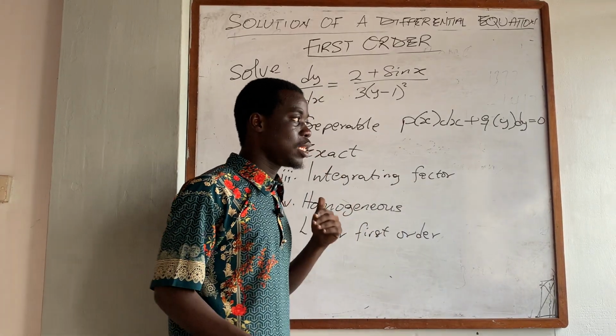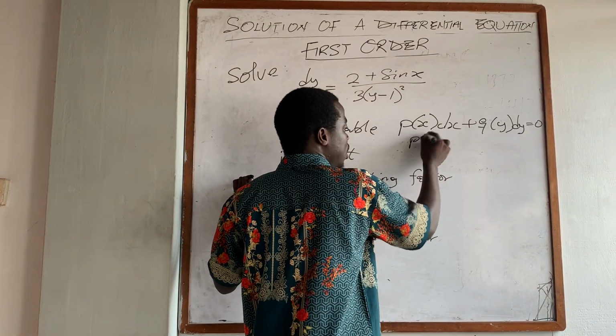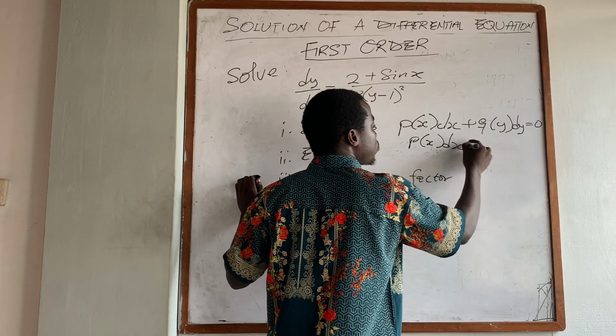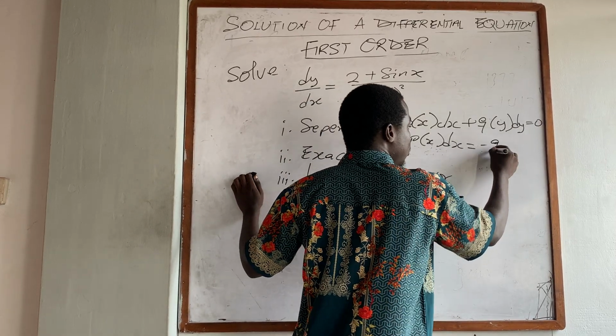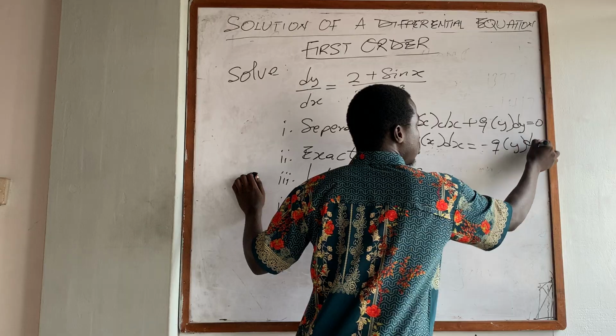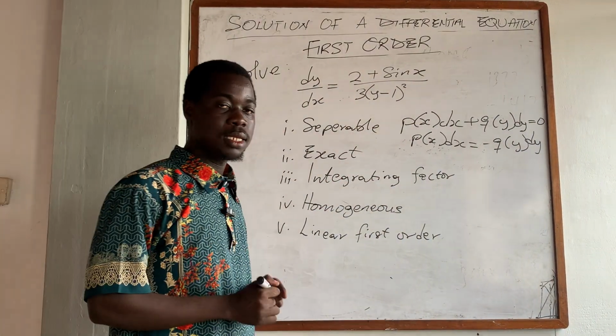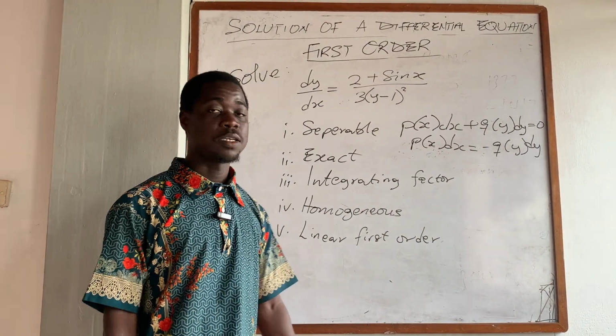So if we can get something like that, or if we can also write it in this form, maybe negative, then we can say that we can use the separable method to solve it.